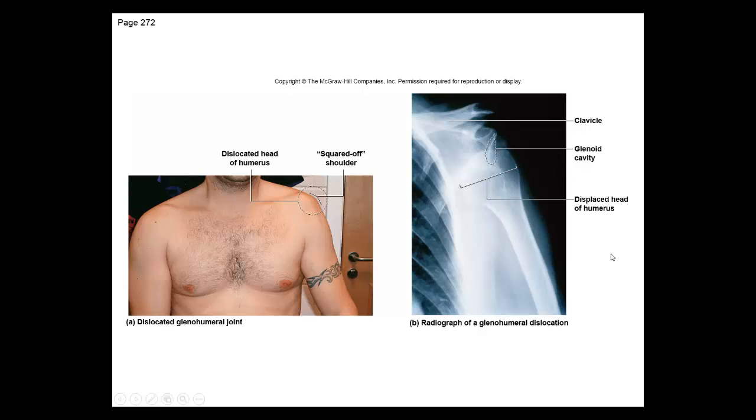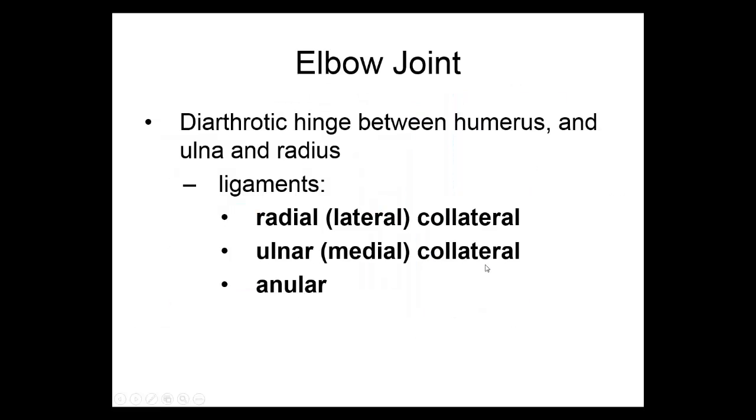So here is an example where we have a dislocated shoulder, and you can see how the head of the humerus became displaced under the glenoid cavity, so just bringing you an X-ray for a dislocated glenohumeral joint.